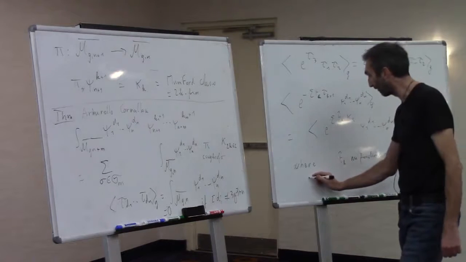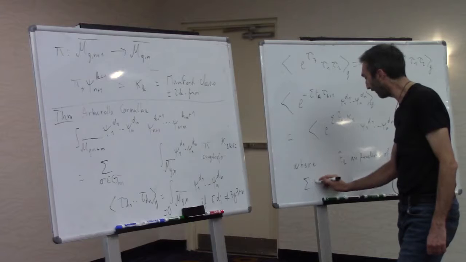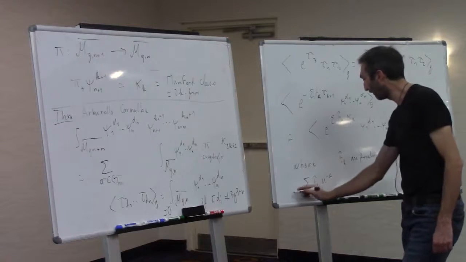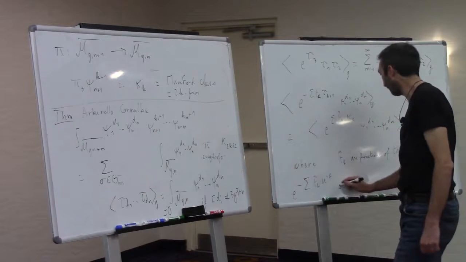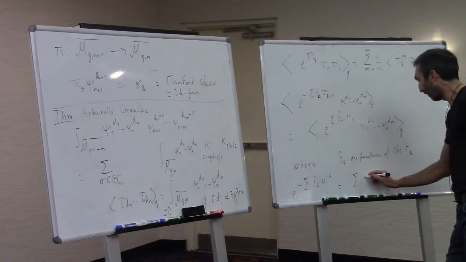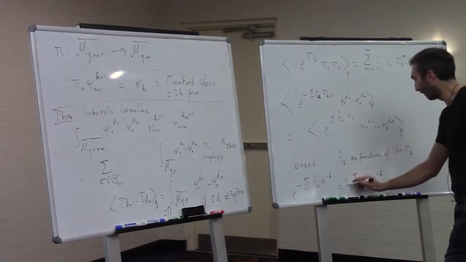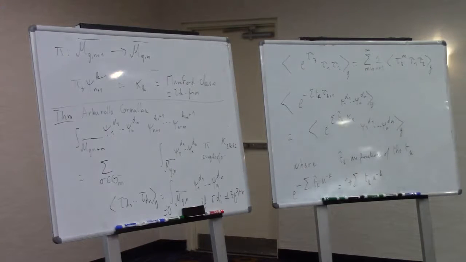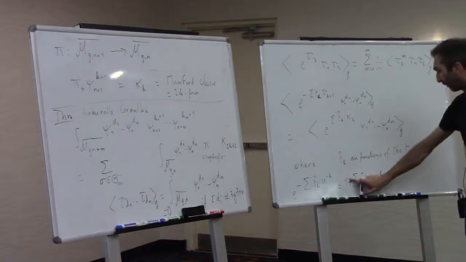You make a generating series, sum of t hat k u to the minus k, exponential minus that, equals sum of t_k u to the minus k, 1 minus... no, sorry, 1 minus.